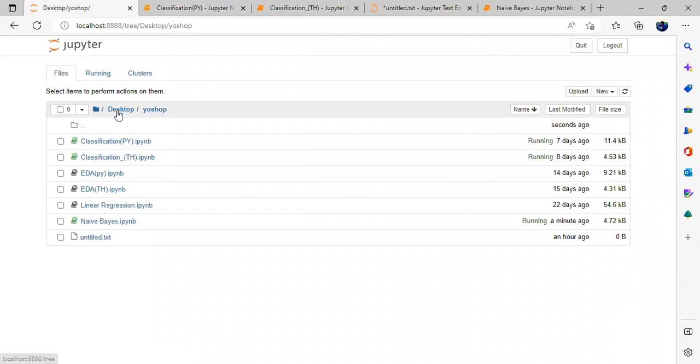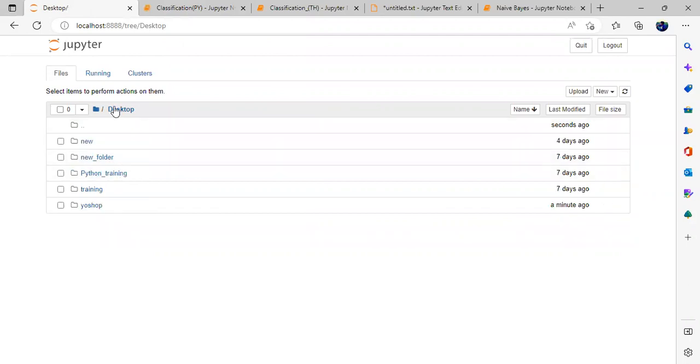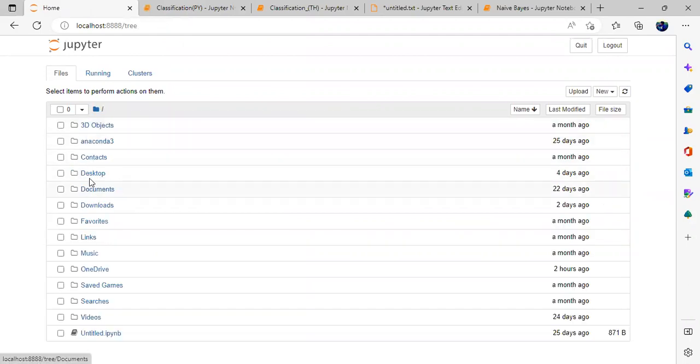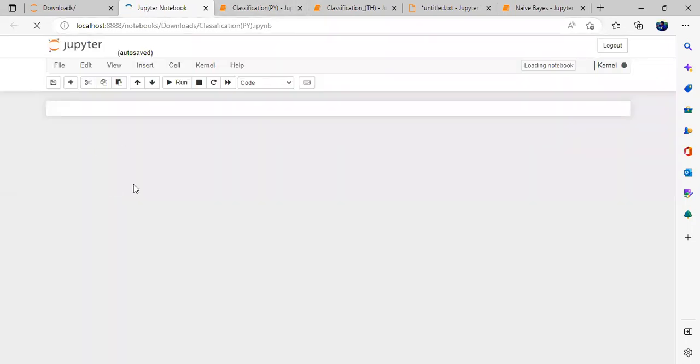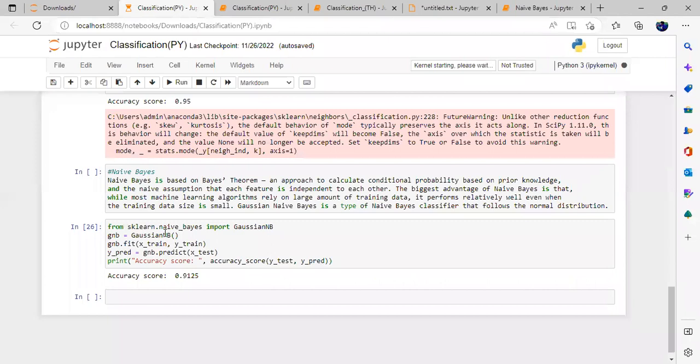Okay, so still let me check with downloads. Actually, I have explained all the classification models with their means code, means how to implement that model. So that's what. Yes, yes, yes, got it.